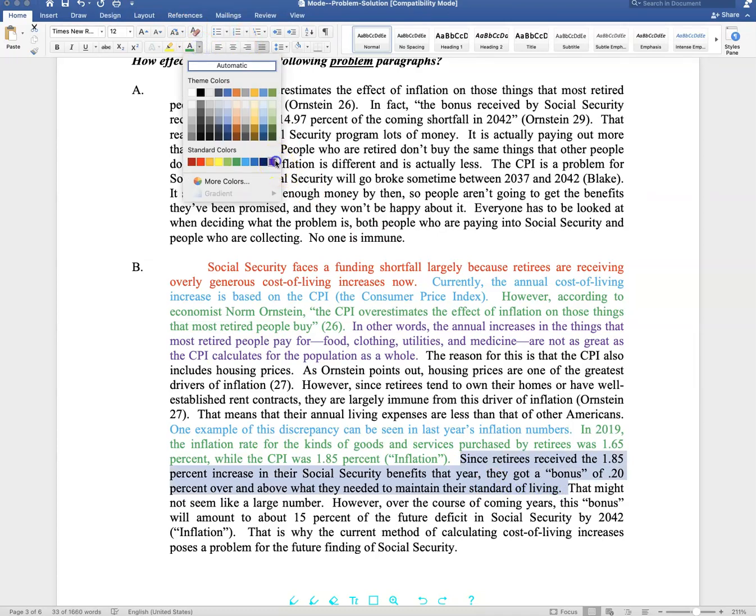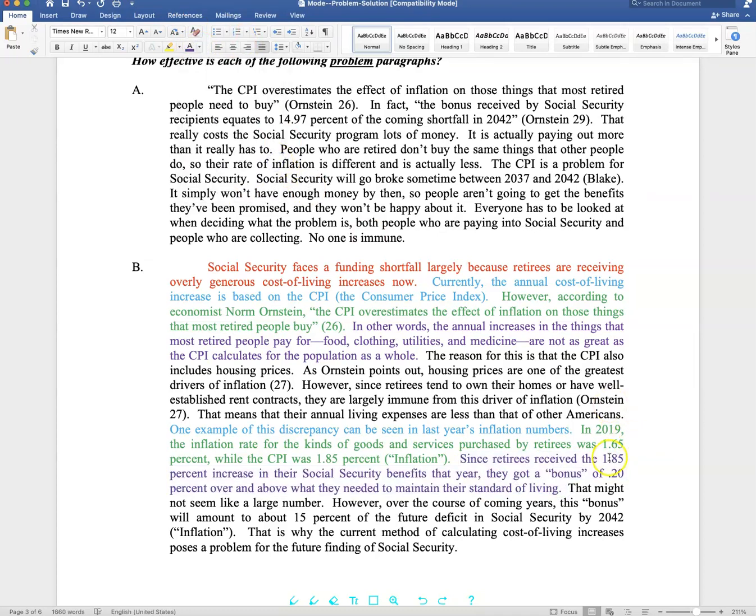And the analysis says basically, well, retirees, since their cost of living only increased 1.65%, but they got an increase of 1.85%, they got a bonus of 0.2% more than they really needed to keep even with inflation. And of course, that really connects to overly generous cost of living increases now.